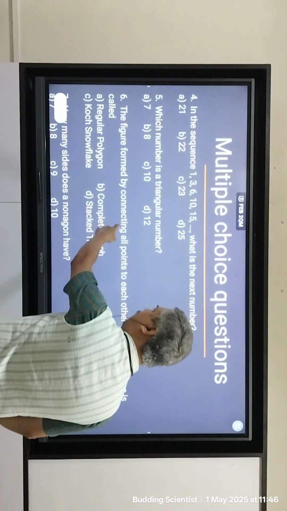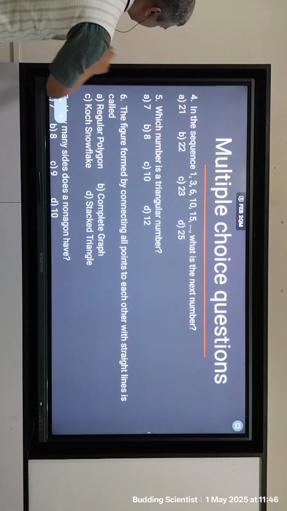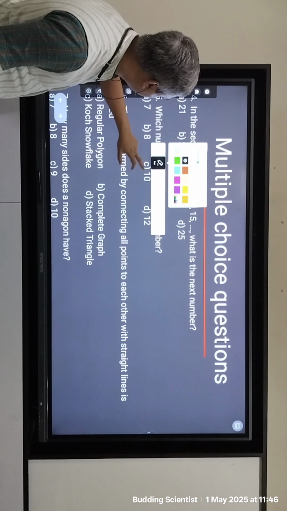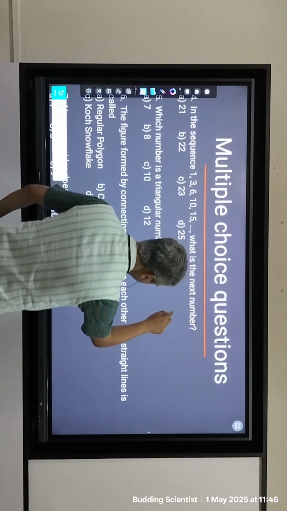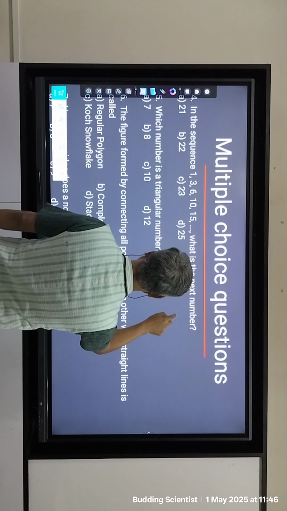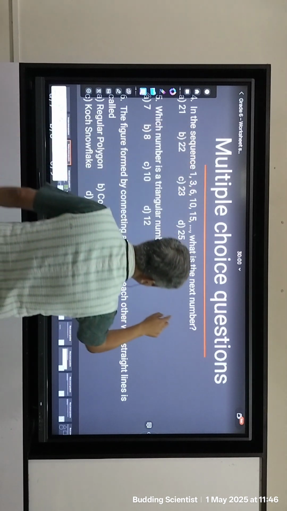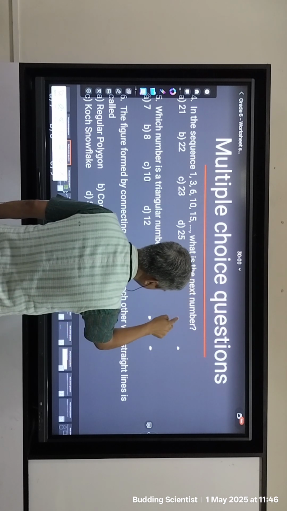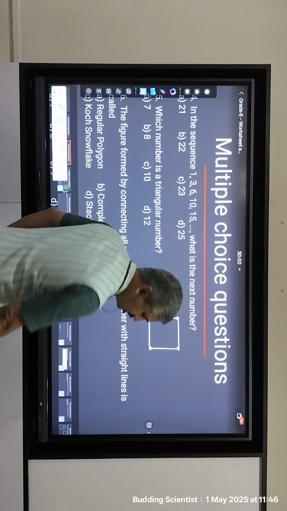The figure formed by connecting all the points to each other via straight lines is called as? Let's just see this. Suppose we have this point, this point, this point, and this point. Only 4 points. So we connect these two, we connect these two, and these two.